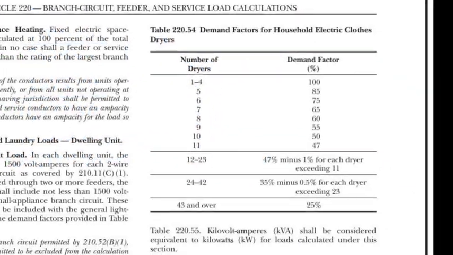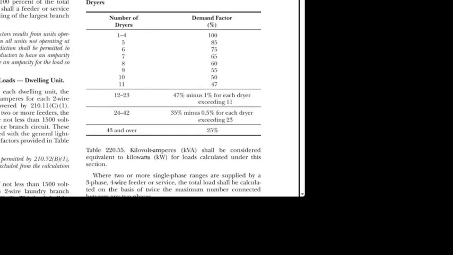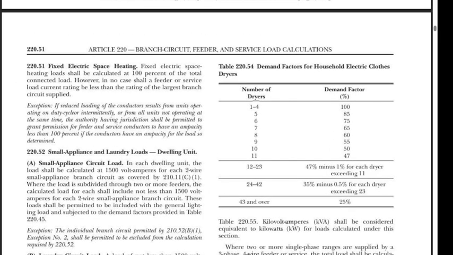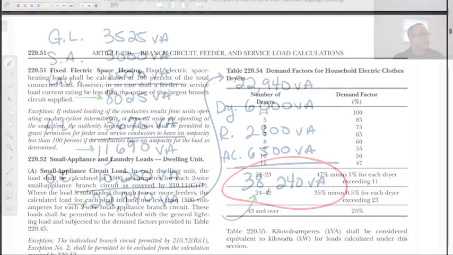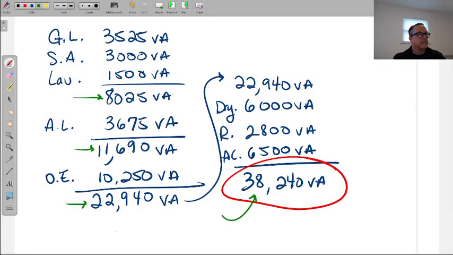Wait, let me reframe this. That worked out good. What's at the very top? It's 3,675. Mr. Perez, did you add 8,025 plus the 3,675? 8,025 VA after the laundry?